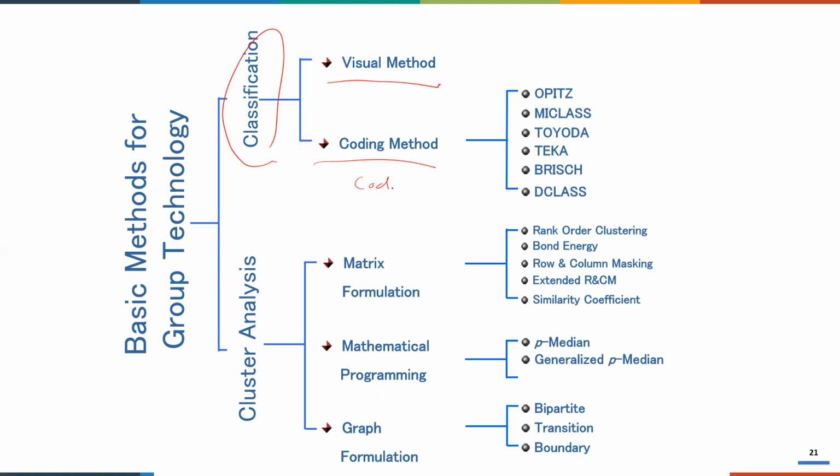So you make a code and then you classify it based on the code that you already have in-house. Or we can do cluster analysis by having the matrix formulation. In matrix formulation methodology, we will use these indicator matrices a lot to rearrange our facility and build the group technology.